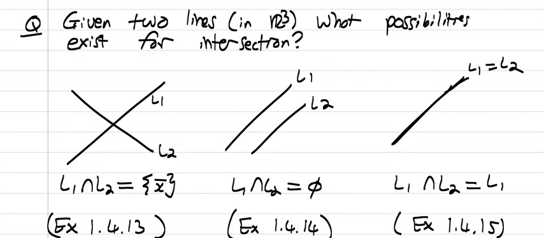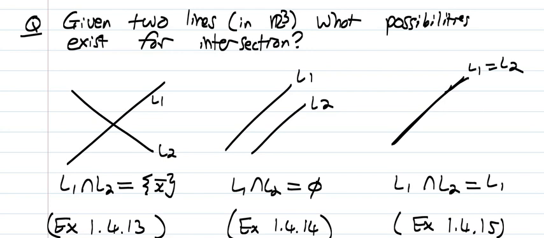Another possibility is that the two lines do not have any points in common. A fancy way of saying that is that the intersection of line 1 and line 2 is the empty set. This is example 1.4.14. So if you haven't given it a go, please pause this video and do it now.